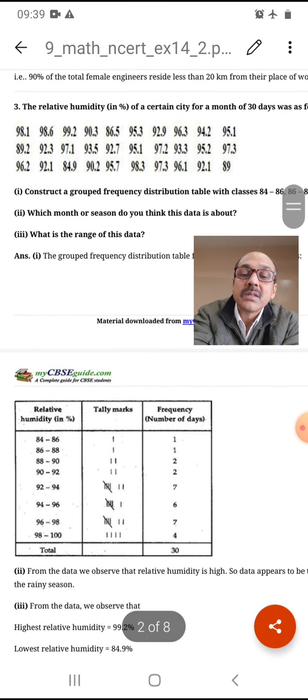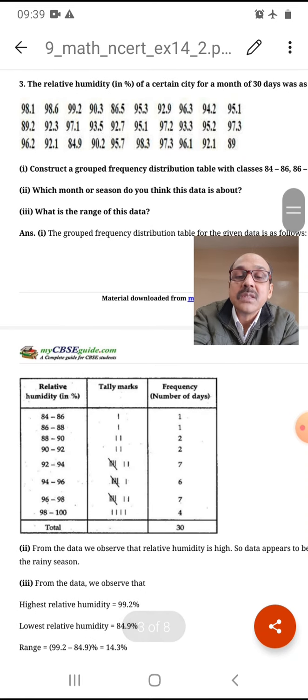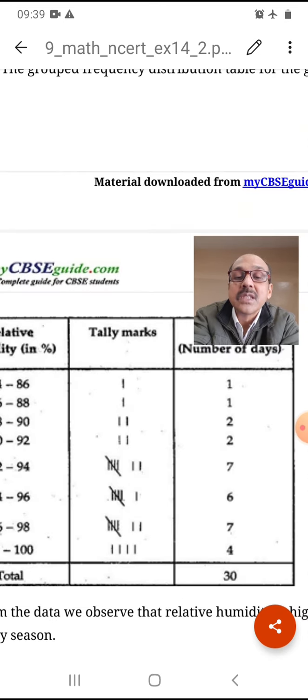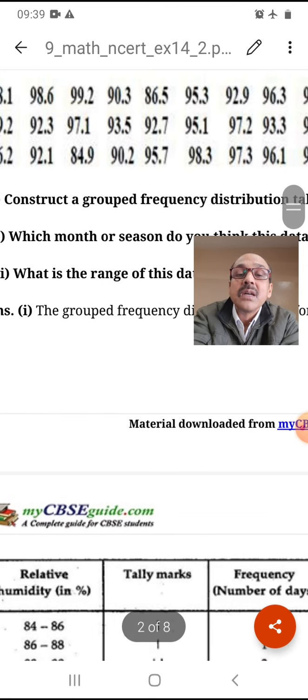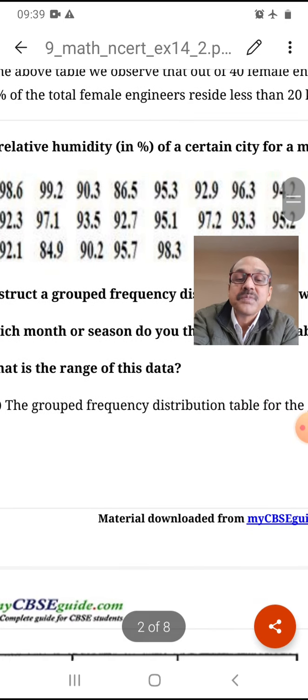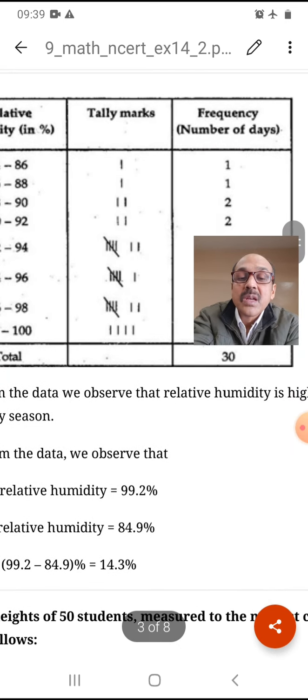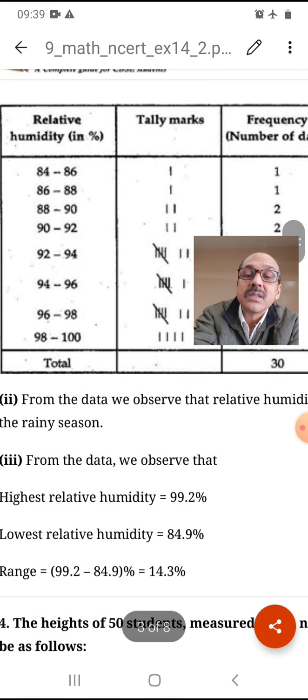So first you make a frequency table. First, relative humidity, the interval starts from 84 to 86, as given in the question, then 86 to 88, 88 to 90. Okay, so see the question, the maximum here is 99.2 and the minimum is 84.9.